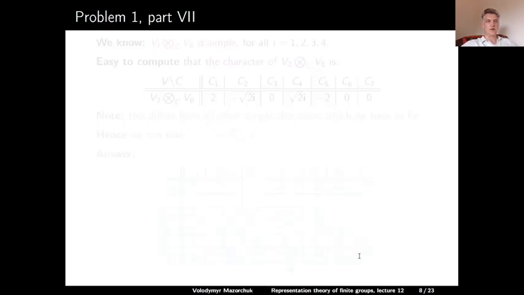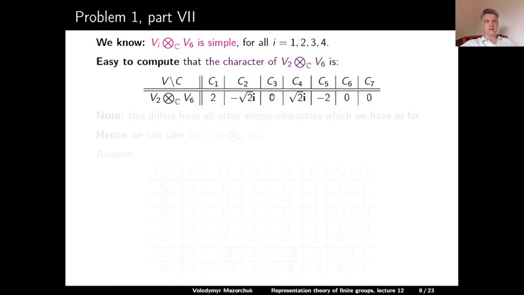So we need one more module, and we know how to get simple modules. If you take any simple module and tensor it with a one-dimensional module, you will always get a simple module. And then, if we take the one-dimensional module V2 and tensor it with the simple module V6, we have just determined the character of V6.